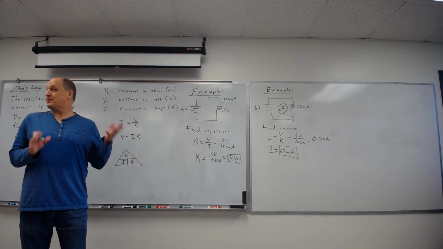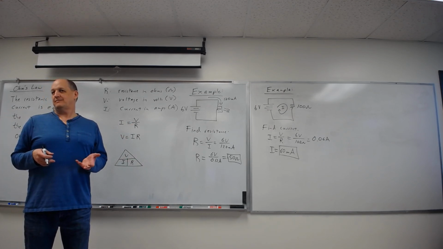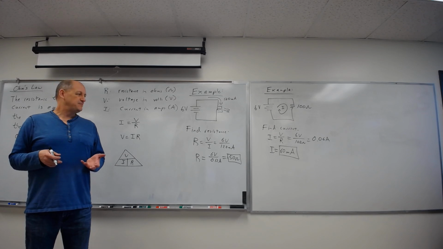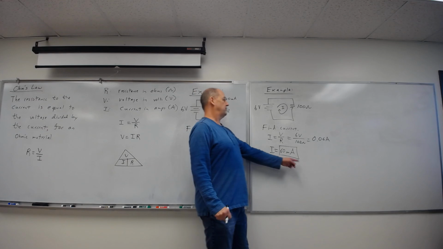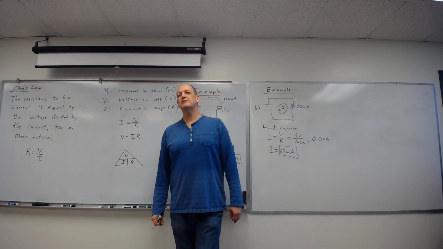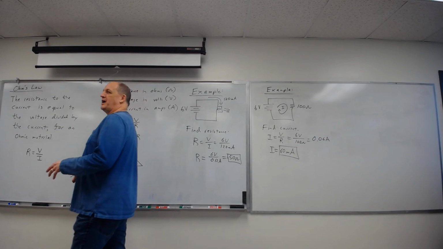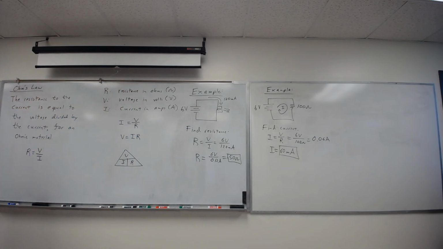0.06 amps is correct. Why did I write 60 milliamps? The reason I write it is this takes 4 characters, that takes 5 characters. Engineers do things as fast and efficiently as possible. We use milliamps because it's faster and easier to deal with than amps.